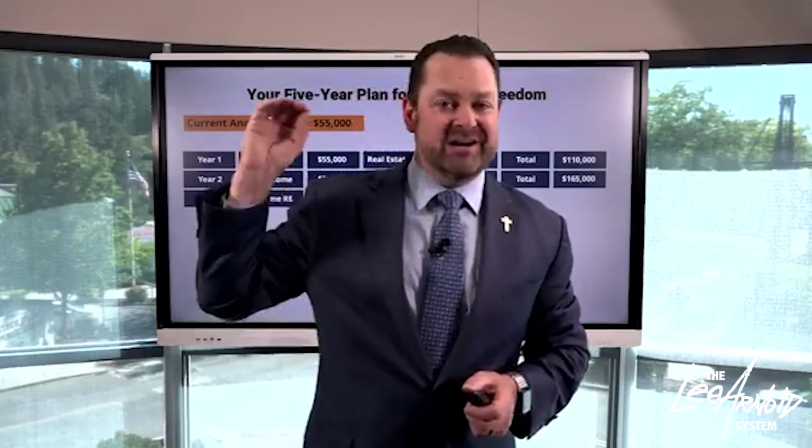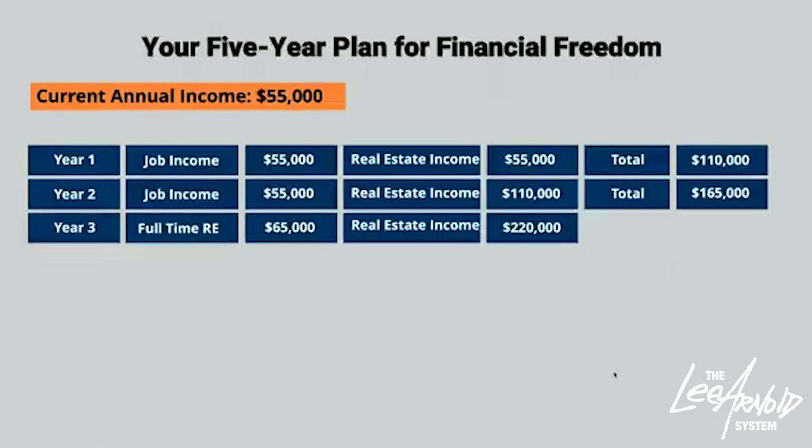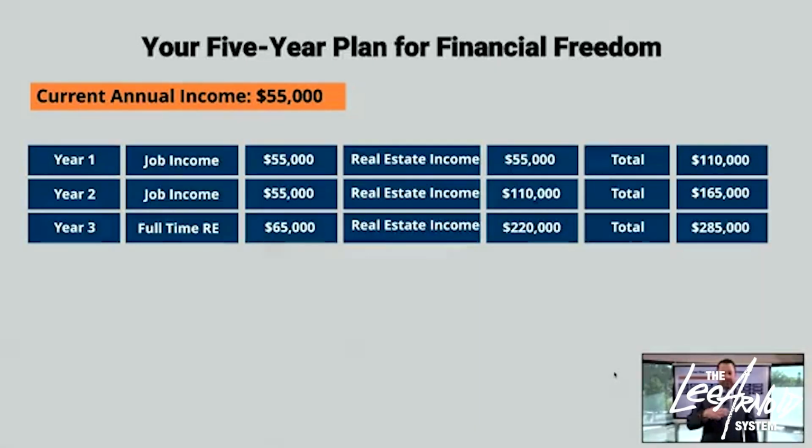Now, if we were able to make $110,000 working a full-time job, running this side hustle, there's no reason why we can't double it in year 3 and make $220,000 in income as a full-time real estate investor, which means in year 3, we're going to produce $285,000 in income. Now we go to year 4.